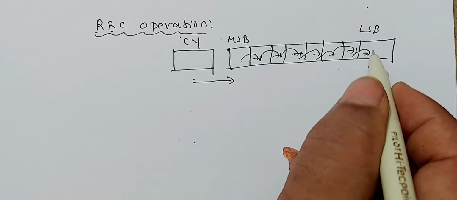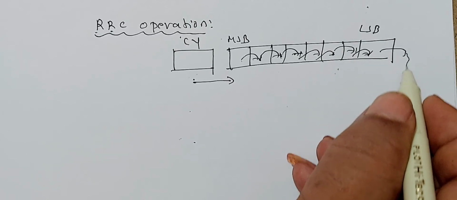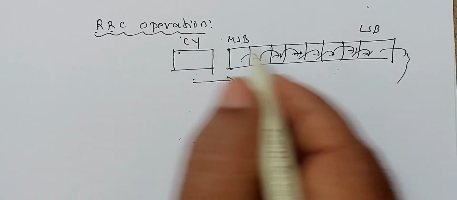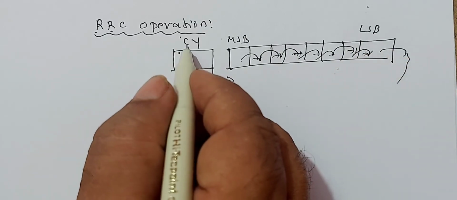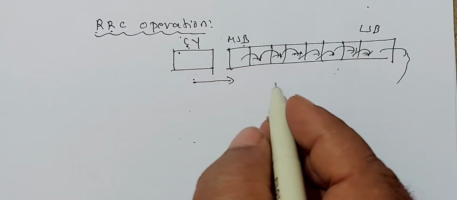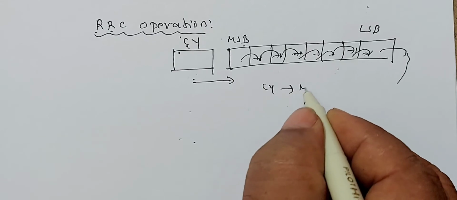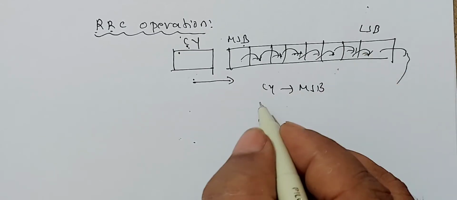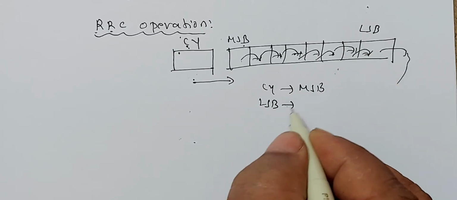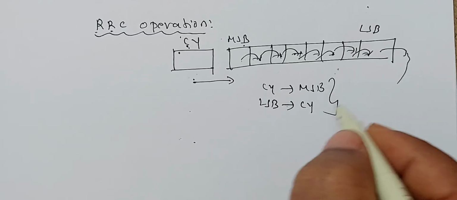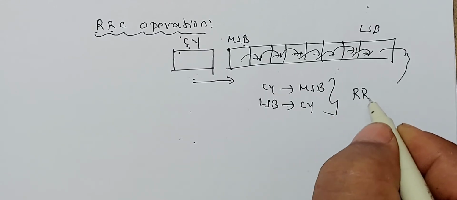This is shifted to here. When you shift this, it will go to carry. Therefore, LSB goes to carry. Carry goes to MSB. So, when carry goes to MSB and LSB goes to carry, this is our right rotation with carry.